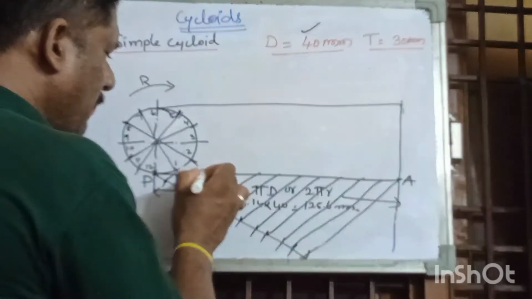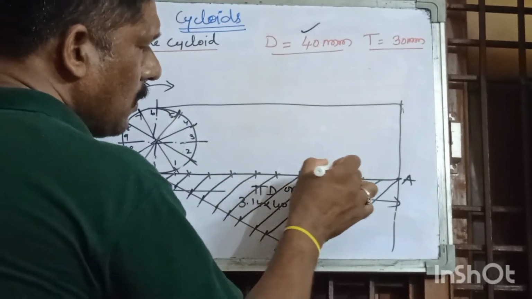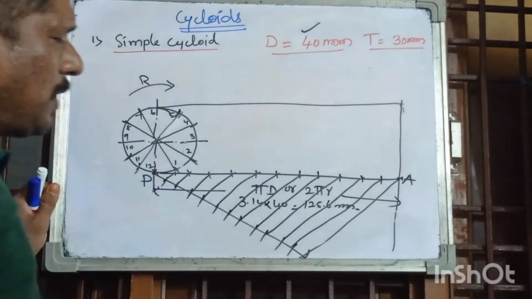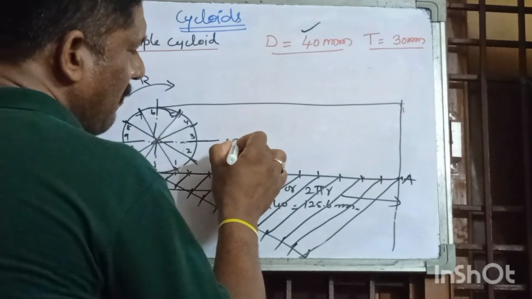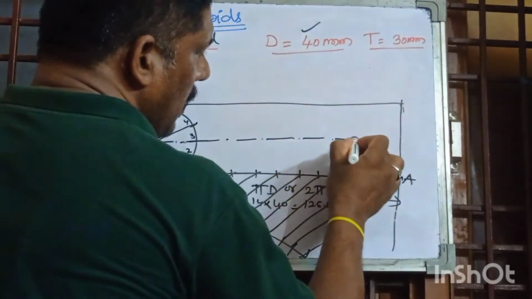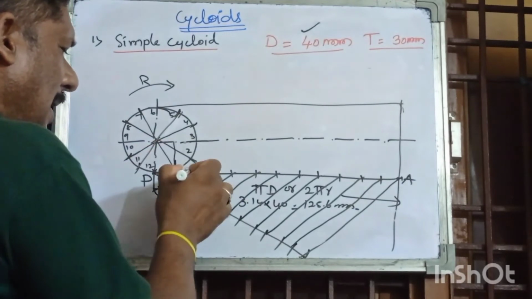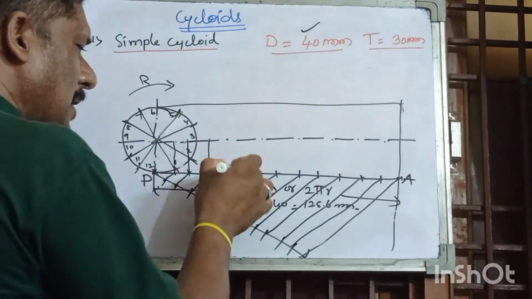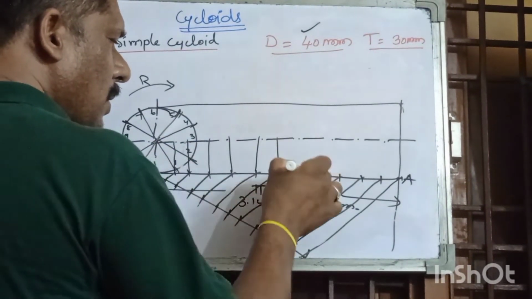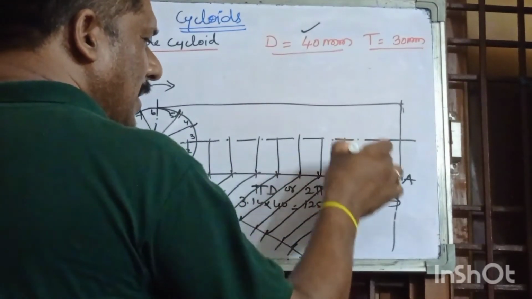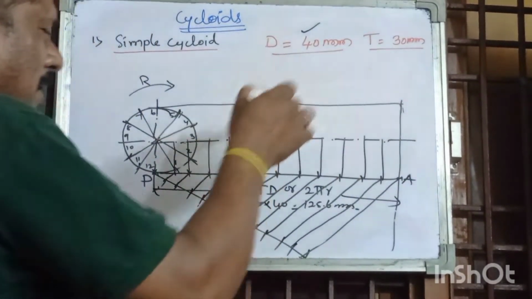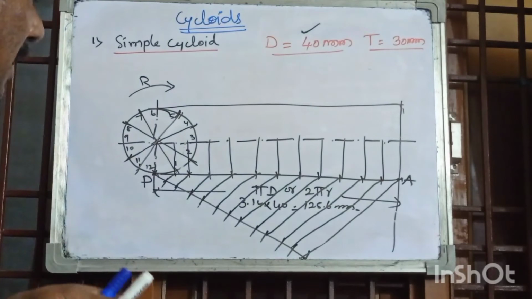Give the numbering for all the points, 1, 2, 3, 4, 5 up to 6, and extend the axis line first. It is also a parallel line. Extend all the points vertically up to the axis line, parallel to the vertical axis line.